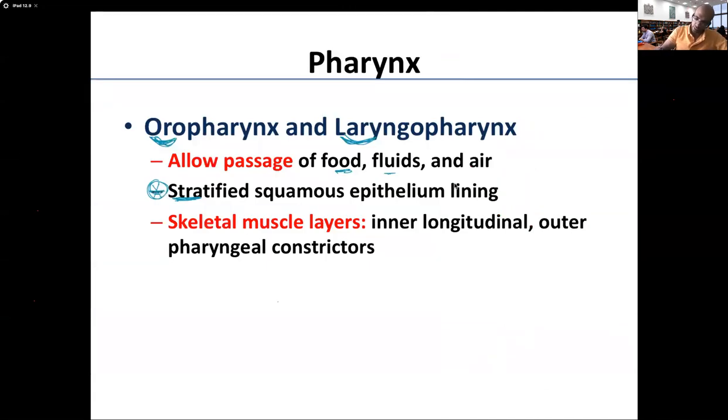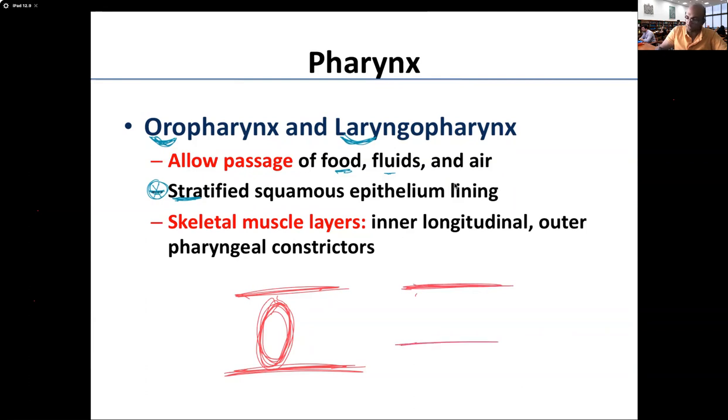Why is it located like this? Does it make any difference? Circular muscles to be on the inside and longitudinal muscle to be on the outside? Why don't I have longitudinal on the inside and circular muscle layer on the outside?